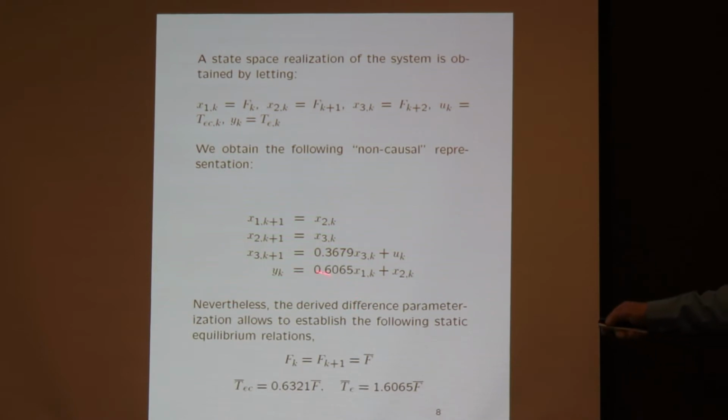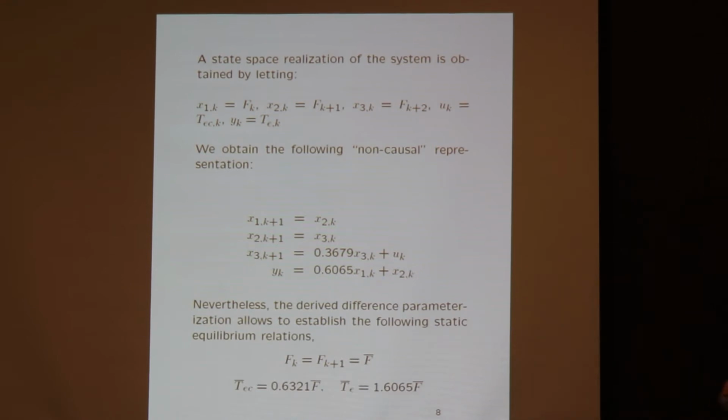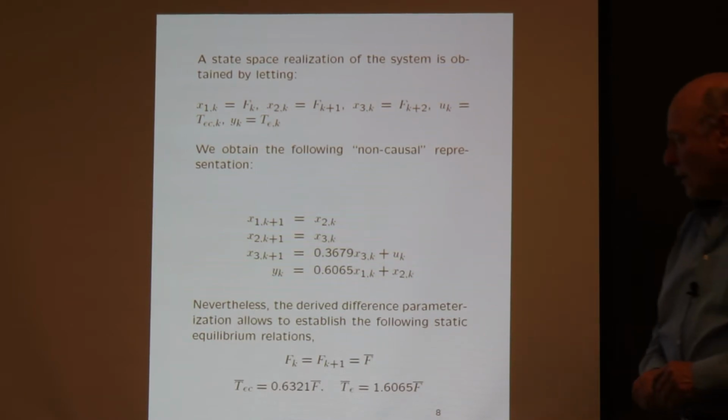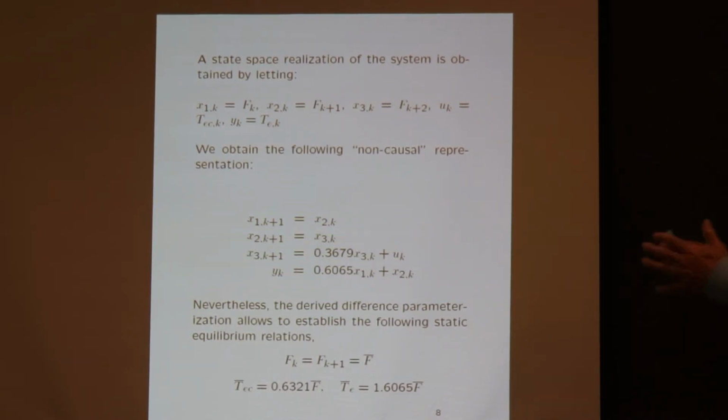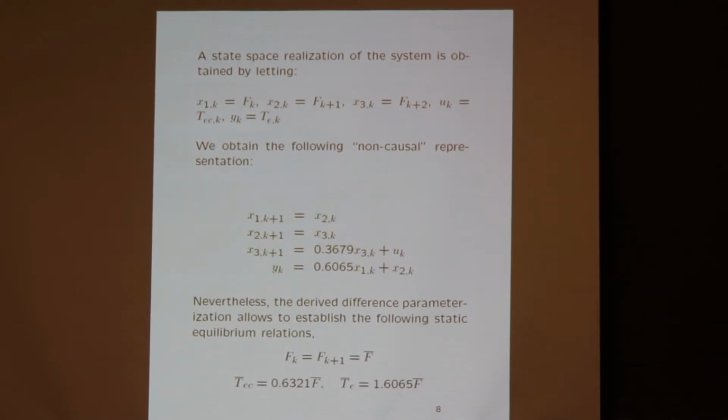And the output will be a linear combination of x1 and x2, as we saw in the previous slide. So we have a traditional linear time-invariant model for our system, and this, of course, is a traditional state representation that can be put in the z domain very easily by replacing each one of these left-hand side terms by z multiplied by x1, or z multiplied by x2, or z multiplied by x3.